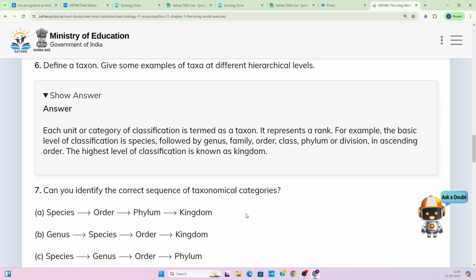I've already told you phylum is for animals and division for plants. And the highest level of classification is known as the kingdom, right? So this is your answer for defining a taxon and giving taxa at different hierarchical levels. Every rank or category is considered a taxon, right?